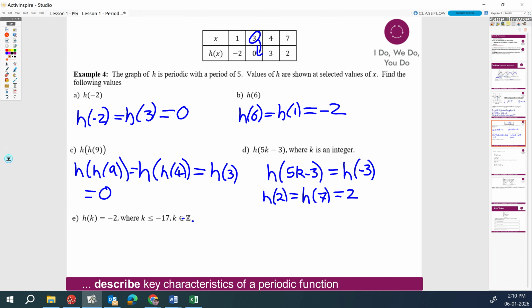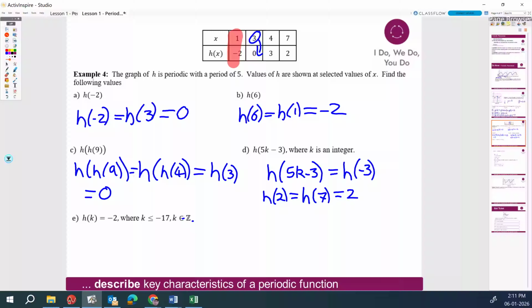So we need to find h of k is equal to -2, where k is a number less than or equal to -17, k is an integer. So in order to get -2, we have to be working with this part of the function. Does k have to equal 1?